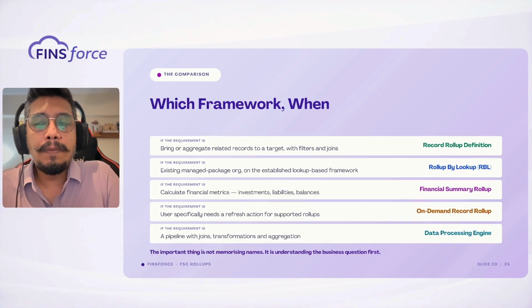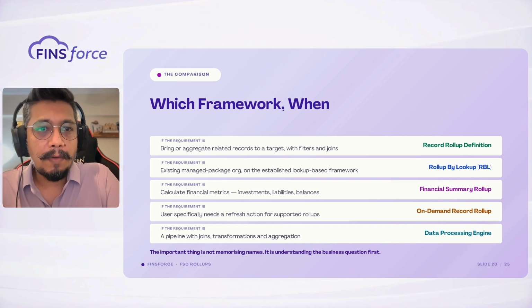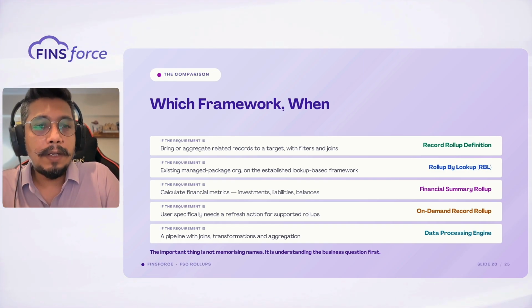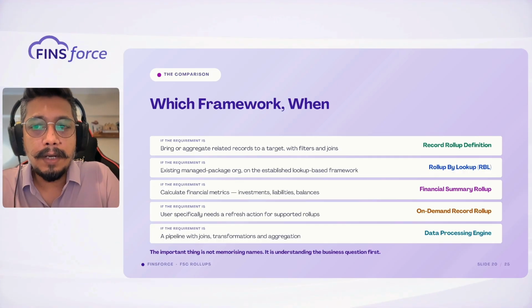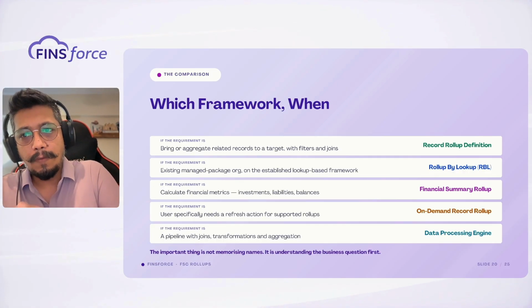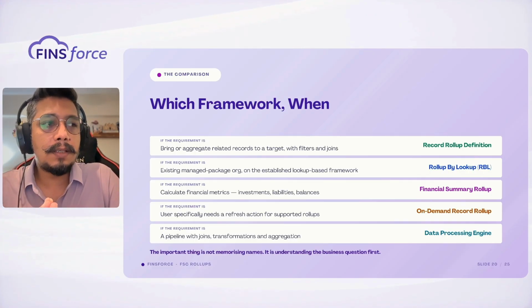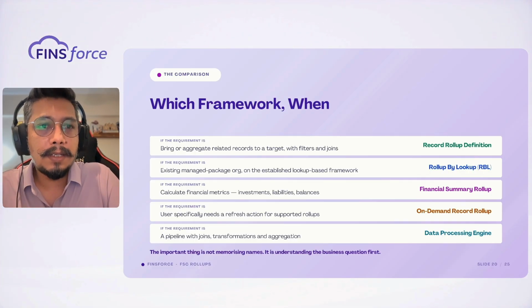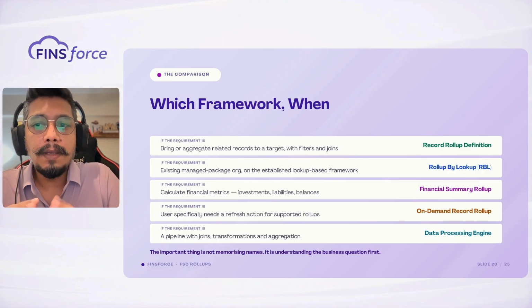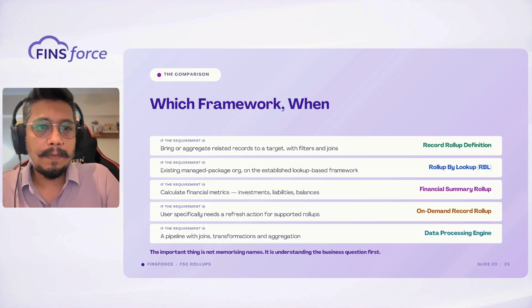If the user has a specific requirement to see the rollup in real time, then you should go for the on-demand rollup option. If you have a multiple complex object data structure and want to get the data from there and show it as a rollup, then you should go for the data processing engine.